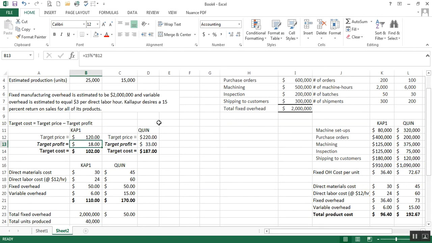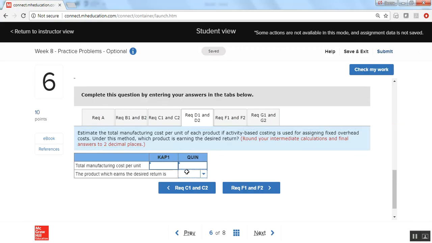So KAP1 is 102 target cost versus 96.40, and 187 versus 192.67. Therefore, KAP1 is earning the higher desired rate. And this is going to be 96.40, and this is 192.67.